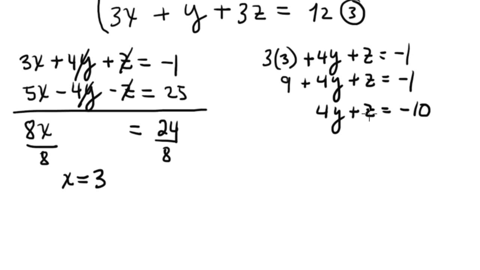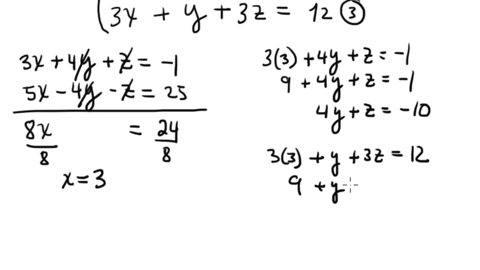And likewise, using, for example, equation 3 or 2, whatever, using 3, there's no special reason. It's again 3 times 3 plus y plus 3z equal 12. This is 9 plus y plus 3z equal 12.